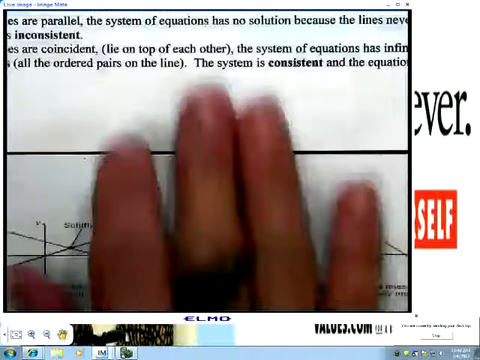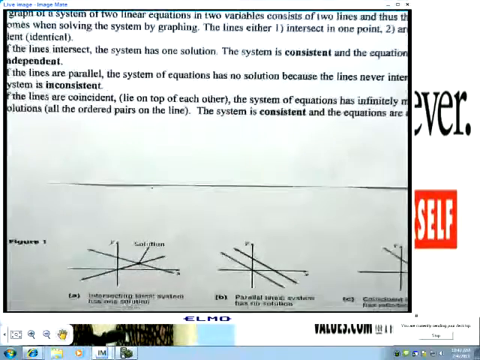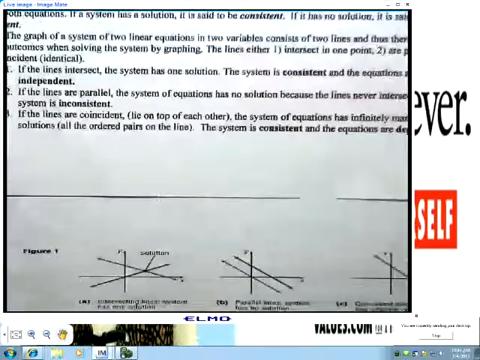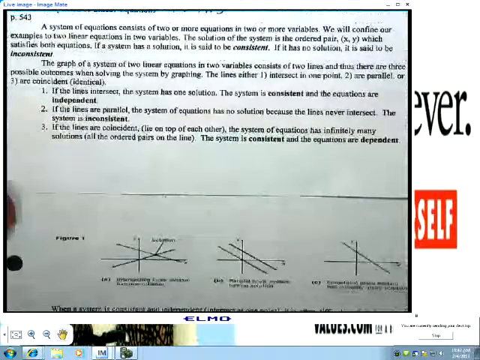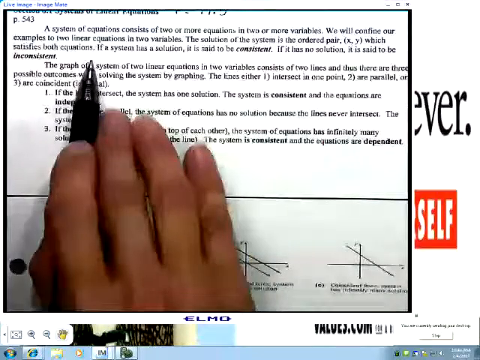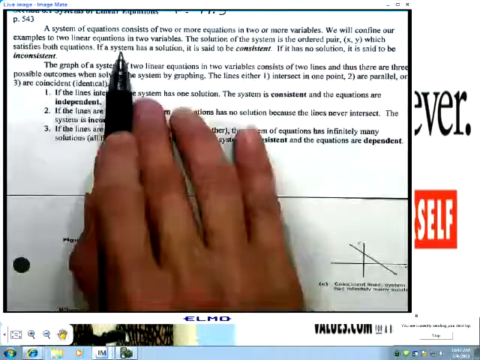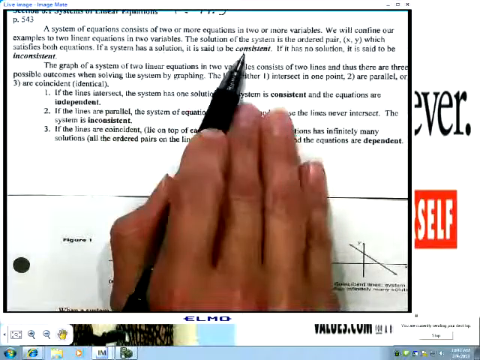All right, going back to that other paragraph at the bottom of the first page. A system of equations consists of two or more equations and two variables. We will only look at linear equations in two variables. The solution of the system is the ordered pair x, y, which satisfies both equations. It has to make them both true. If a system has a solution, it's called consistent.